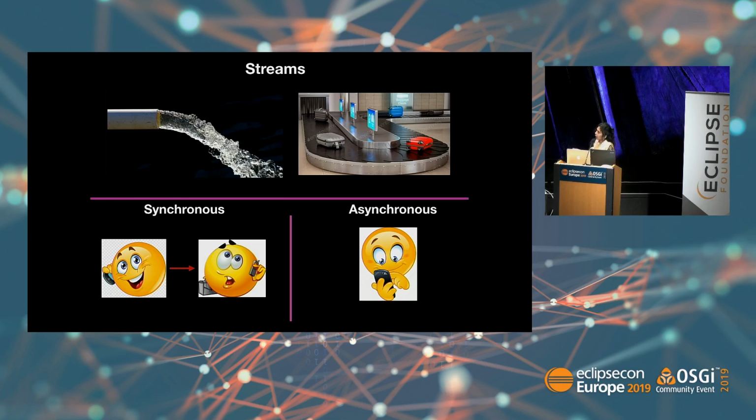Conveyor belt is one more example where the belt itself is the stream while the bags are your data. Picking the bag up would be your input stream, where you're taking off the data, while putting the bag down would be your output stream. You're writing onto the stream.